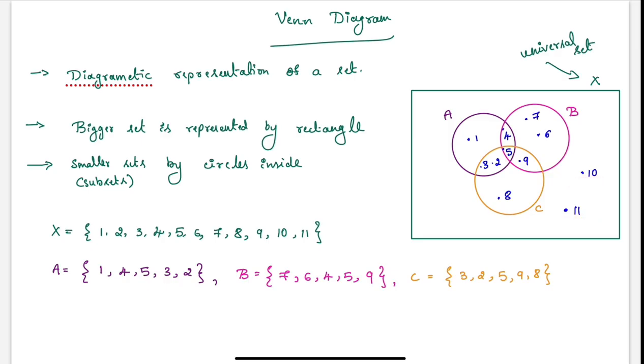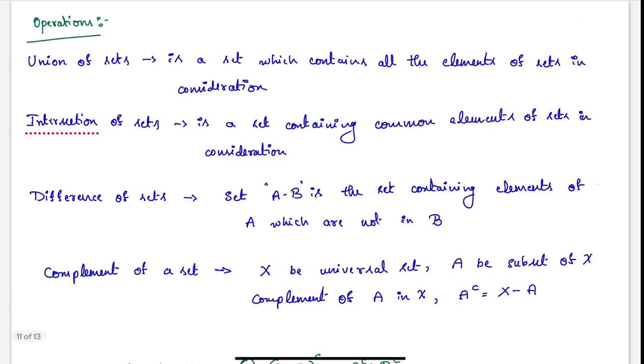Okay, so let's move on to the operations. The first operation is union of sets. When you are given 2 sets or 3 sets, maybe a collection of sets, how do you take the union? Basically, what is the meaning of union? Union of sets is a set which contains all elements of the sets in consideration.